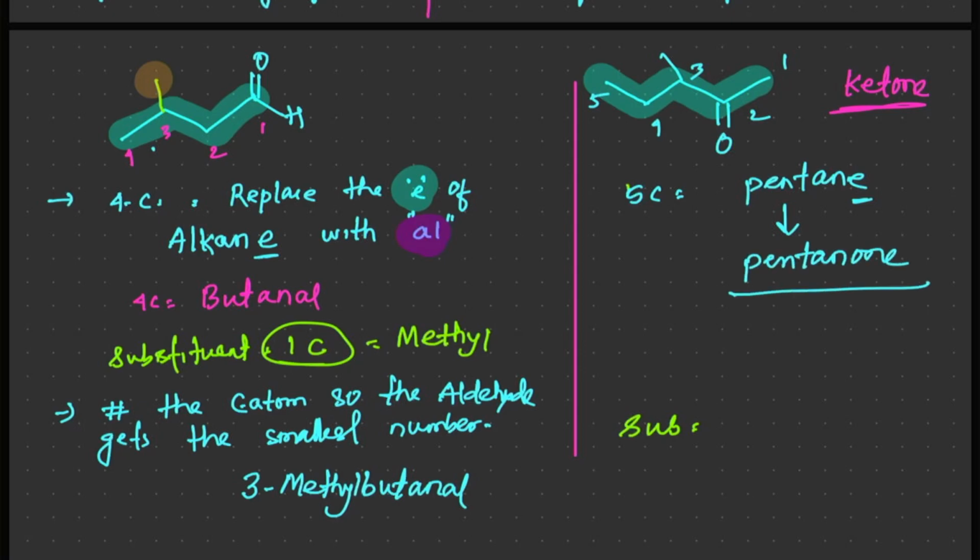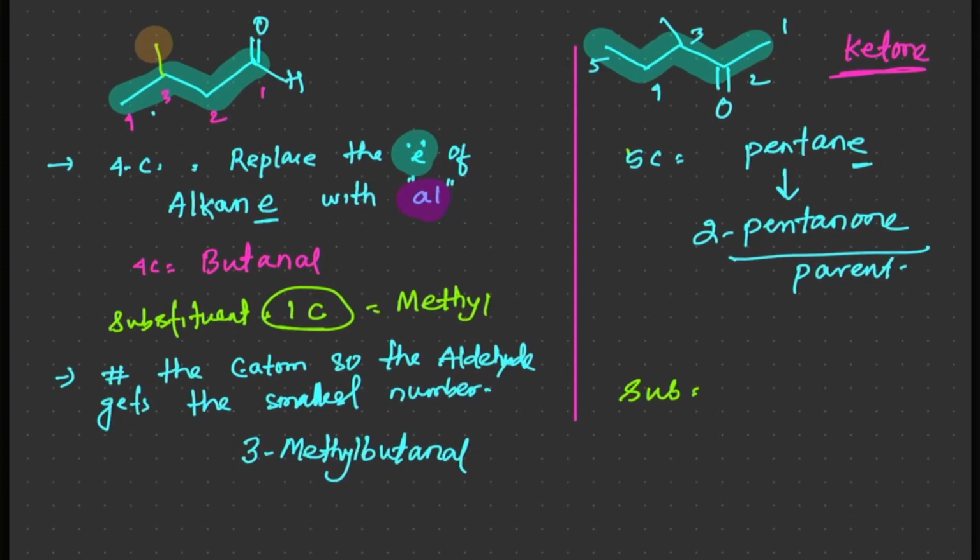That's your parent. Now where exactly your ketone group is, you have to define the number. Here it's at location 2, so it's going to be 2-pentanone. And the substituent is 3-methyl.